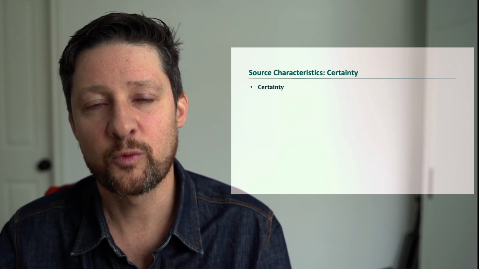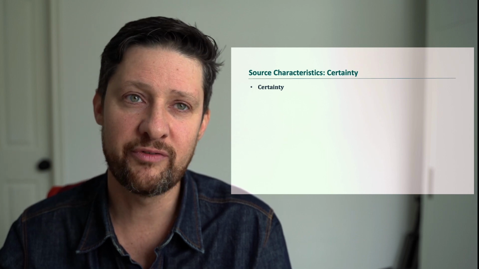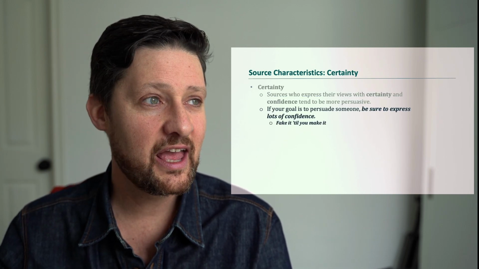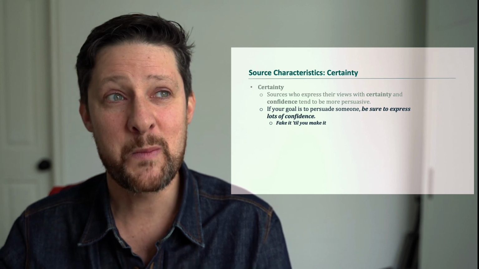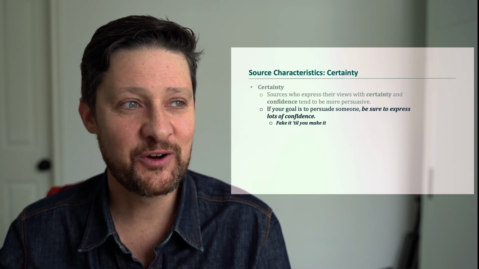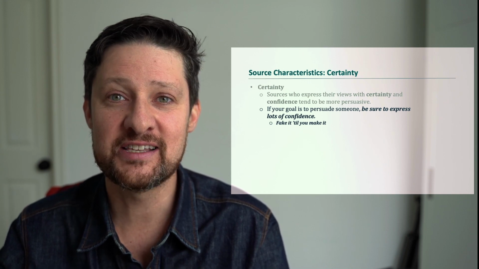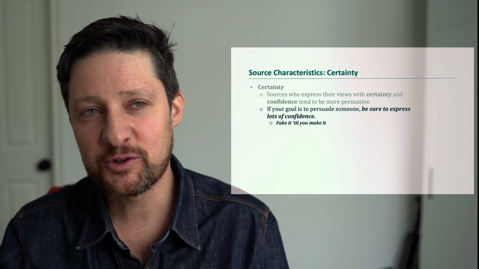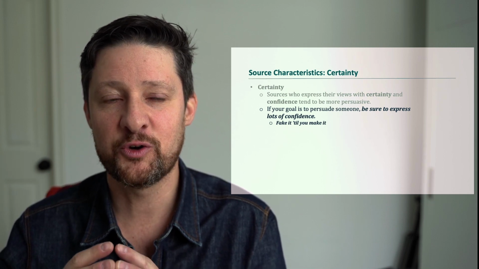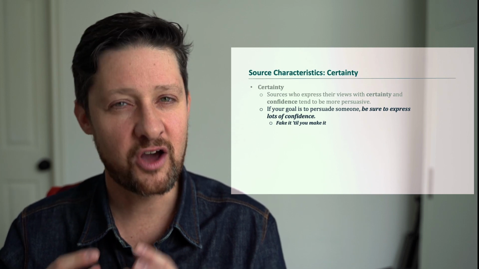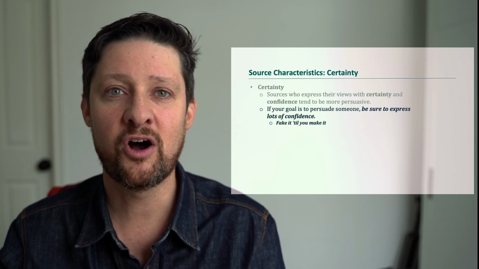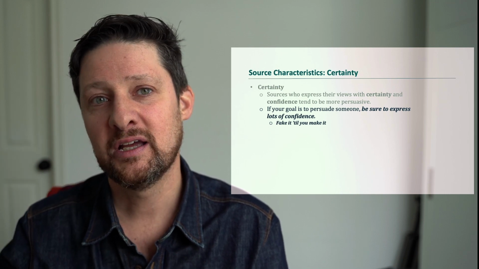The last component, or one of the last components of the source that we'll evaluate, is the certainty. Basically, if you're unsure about something, just make sure that you look confident. Fake it till you make it, in the sense that obviously you have to prepare to a certain extent, but delivering a message in a confident way will have a big impact on the way that the message is received.